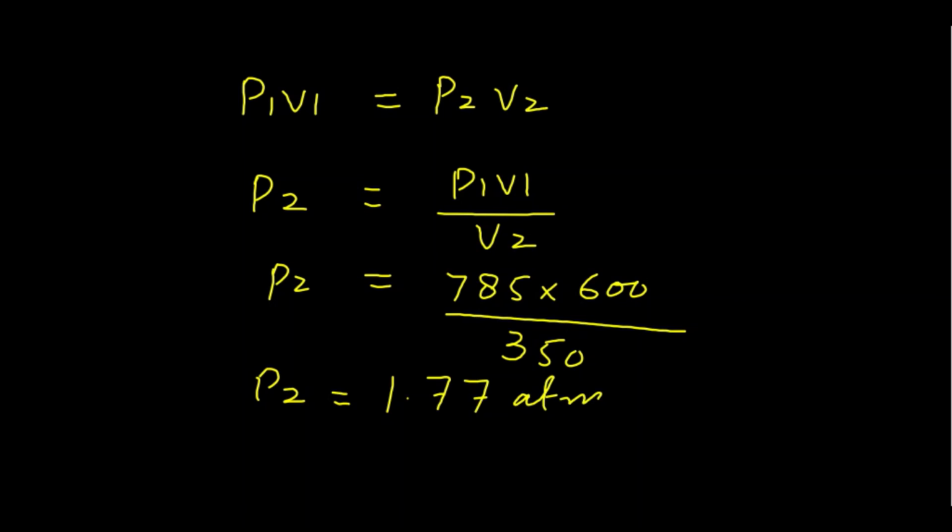This answer shows that the pressure is increased by decreasing volume. It means when the volume is decreased, definitely pressure is increased. I hope this numerical is clear to you.